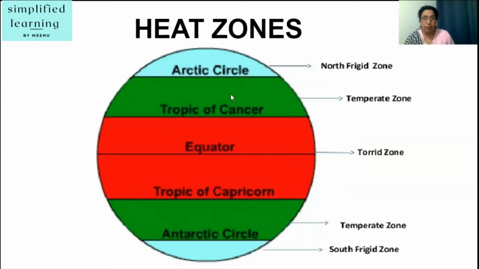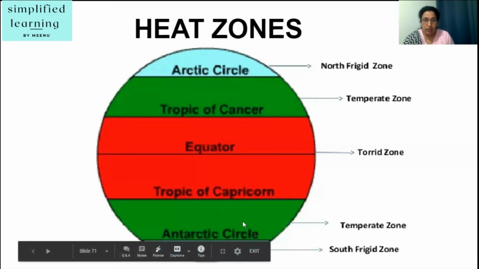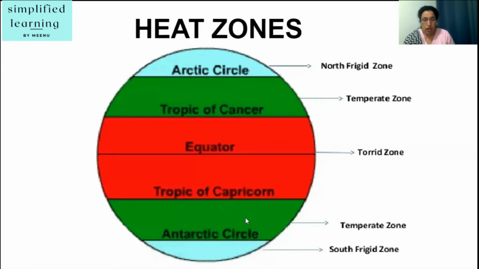So the north temperate zone lies between the Tropic of Cancer, that is 23.5 degrees north, and the Arctic Circle, that is 66.5 degrees north. The south temperate zone lies between the Tropic of Capricorn, which is 23.5 degrees south, and the Antarctic Circle, that is 66.5 degrees south latitude.